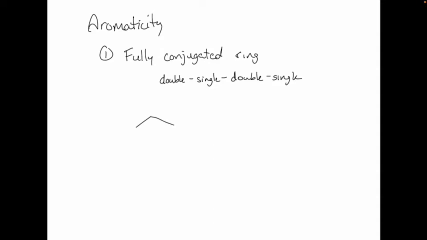So let me just give you an example here. We'll do 2. All right, so one of these is a fully conjugated ring, the other one is not.